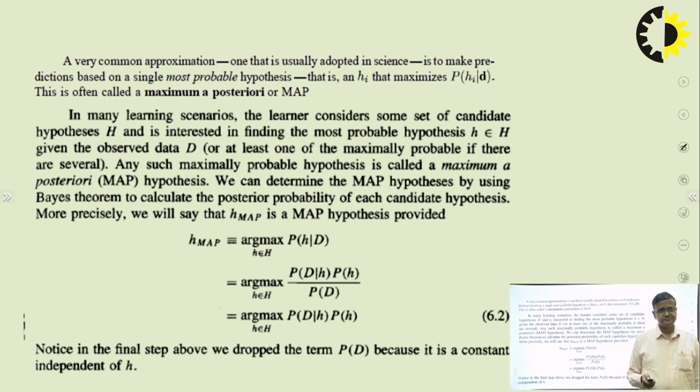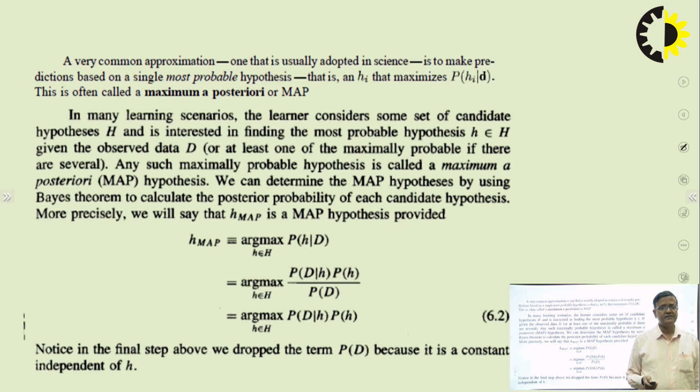Elaborating this term using Bayes theorem, it becomes argmax over h in the hypothesis set H of the probability of observed data given the hypothesis, times the probability of the hypothesis, which is the prior, divided by the probability of the observed data.